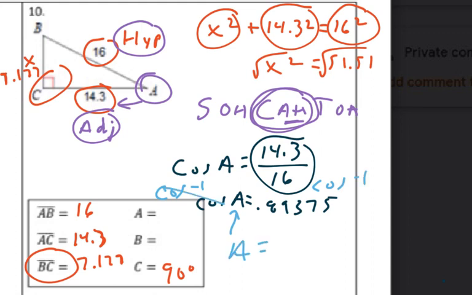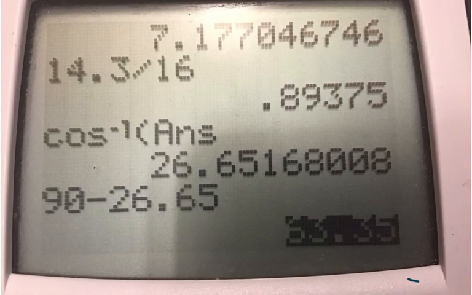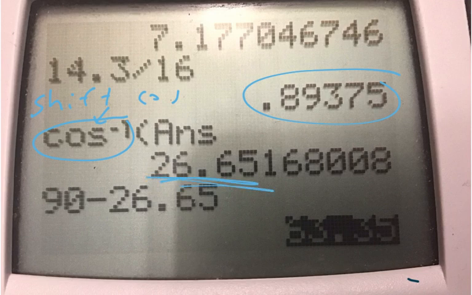So A is going to equal the cosine inverse of that. So I'm going to take my calculator and press shift cosine, or second cosine, to get cosine inverse. And I'm going to do the cosine inverse of this. And you need to practice yourself now.